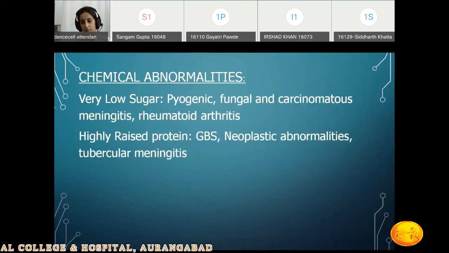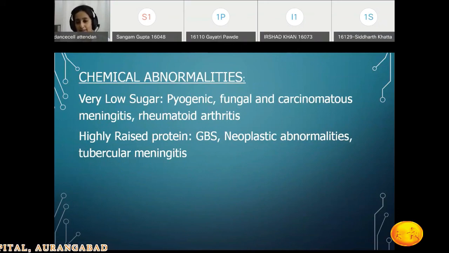Chemical abnormalities may be very low sugar in pyogenic, fungal, carcinomatous meningitis, and rheumatoid arthritis, and highly raised protein in GBS, demyelinating disorders, and tubercular meningitis. See, why demyelinating disorders? Because myelin is a type of protein.